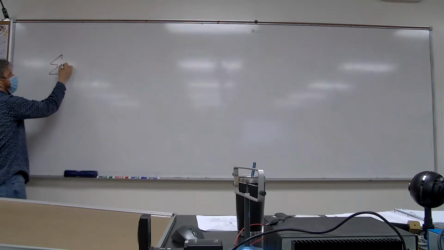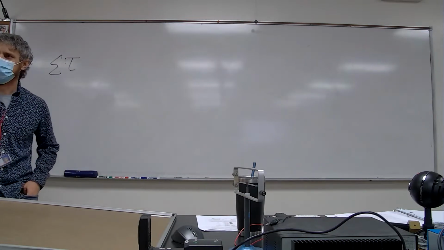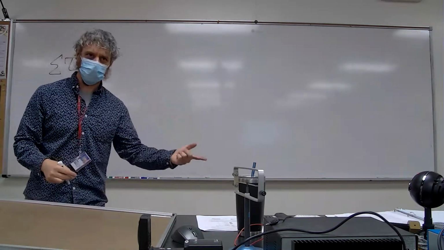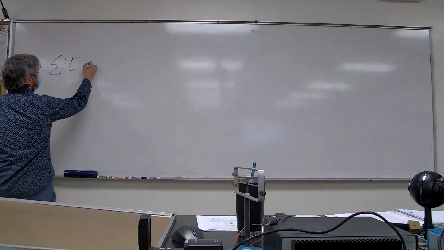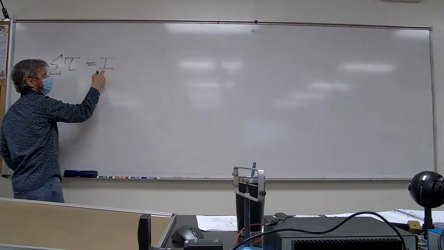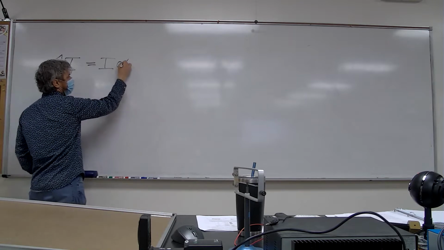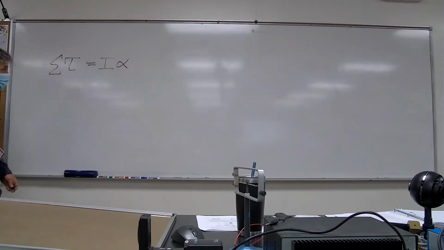Last week we talked about how we use the rotational equivalent of Newton's second law to define the concept of rotational inertia. To do so, we said that the net torque is equal to the rotational equivalent of mass, which is either called the moment of inertia or the rotational inertia, times the angular acceleration.